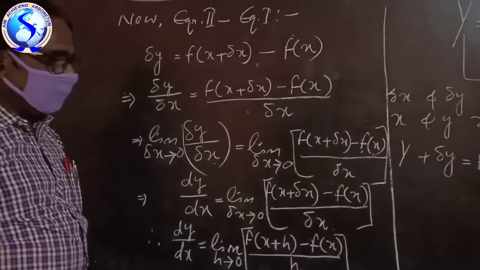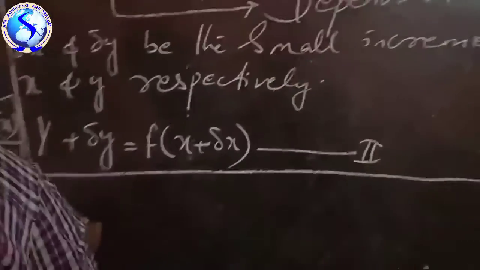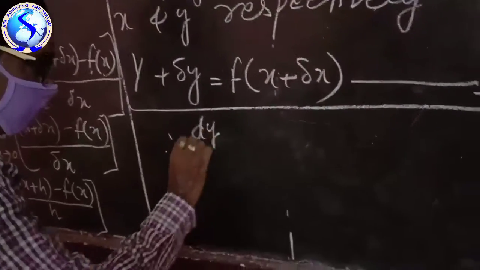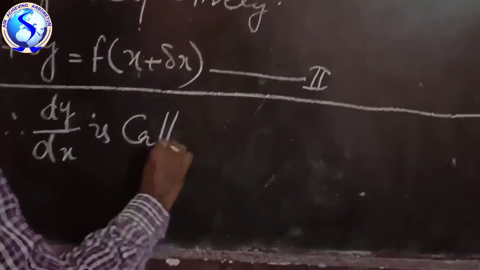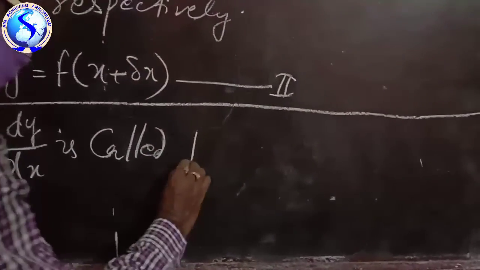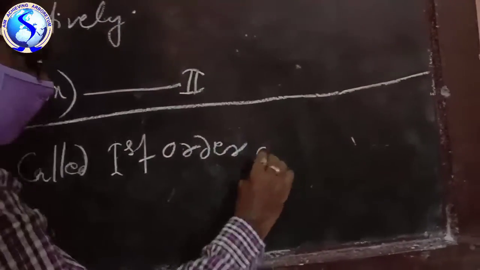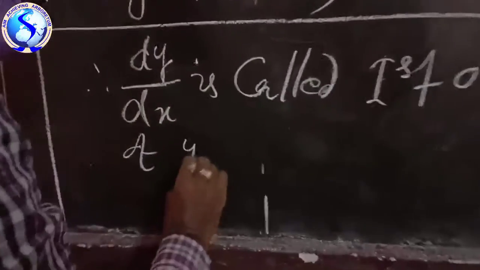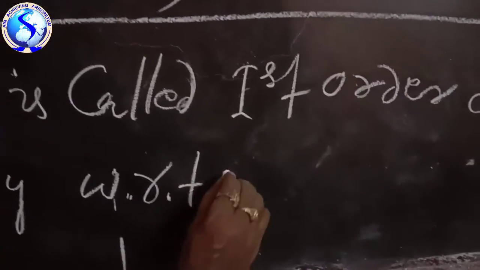So what is the final answer? Therefore, dy by dx is called the first order derivative of y with respect to x.